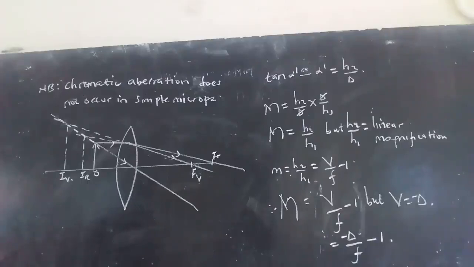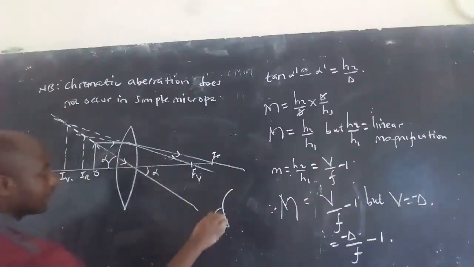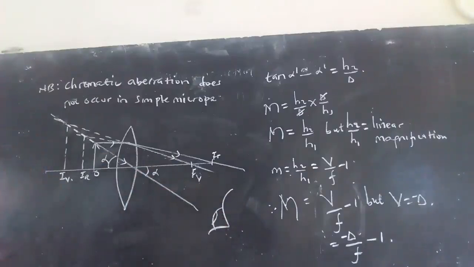These images subtend the same visual angle at the eye, and therefore appear superimposed, or appear to have a uniform illumination. So they appear superimposed. Thus, the virtual image seen in a simple microscope is almost free from chromatic aberration.